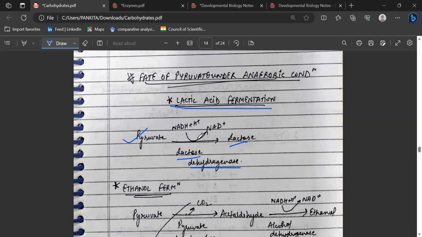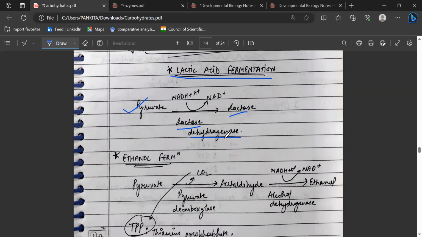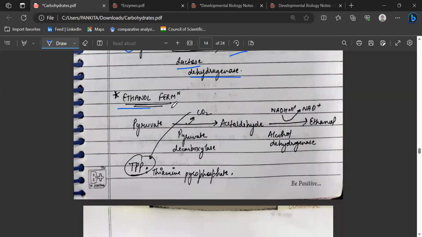In this process, one NADH plus H positive is used and NAD positive is released. Next, it can also undergo ethanol fermentation. Pyruvate is first converted to acetaldehyde by removal of one carbon dioxide in the presence of the enzyme pyruvate decarboxylase, and this acetaldehyde is converted further to ethanol by the action of alcohol dehydrogenase.